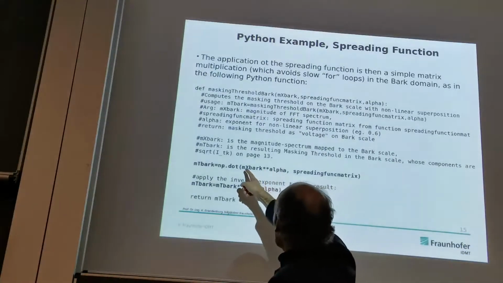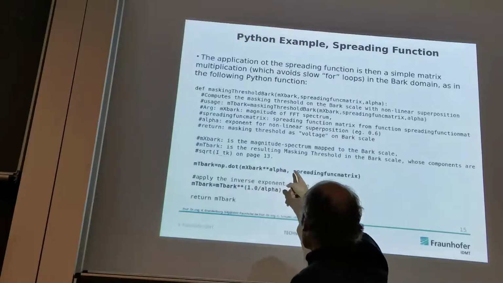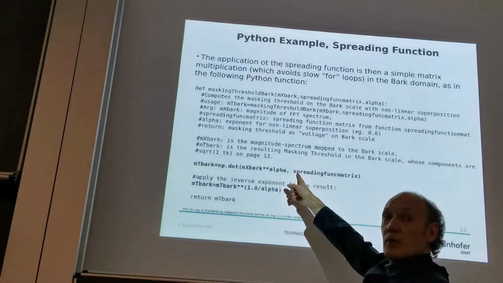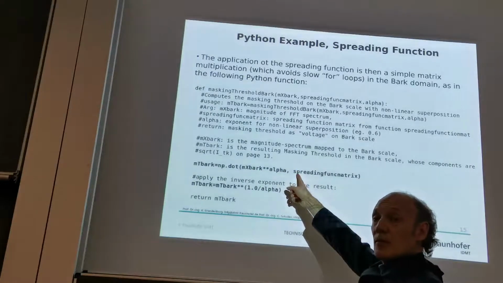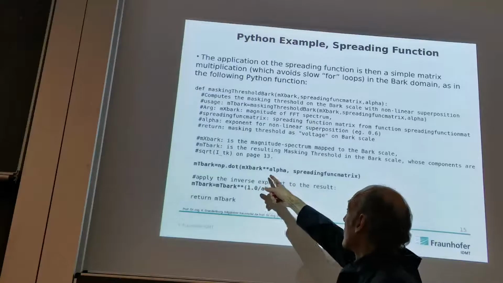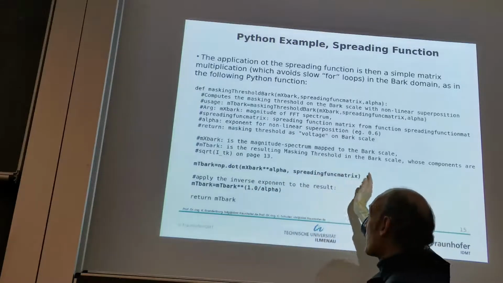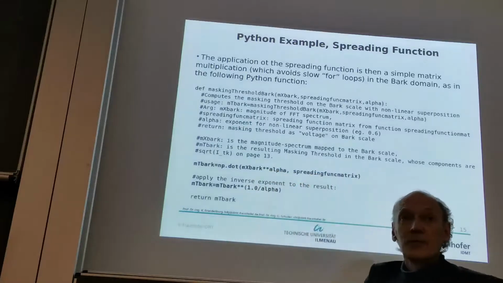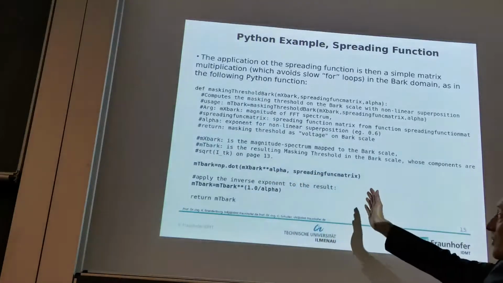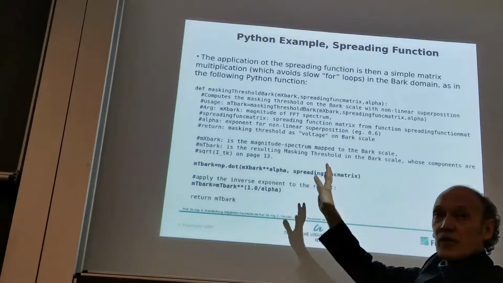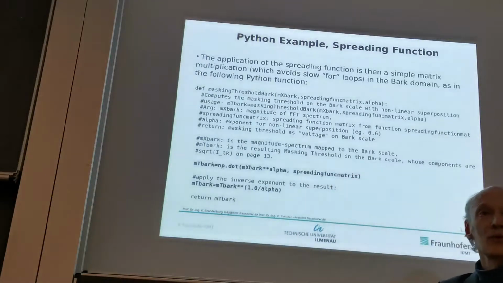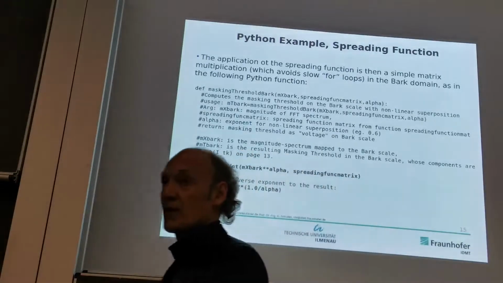That means the low frequency bin multiplies the first column with its magnitude, and the second entry multiplies the second column with its magnitude, and so on, and finally they all get summed up. So as a result we have the weighted summation of all the shifted spreading functions, weighted and exponentiated with this alpha.